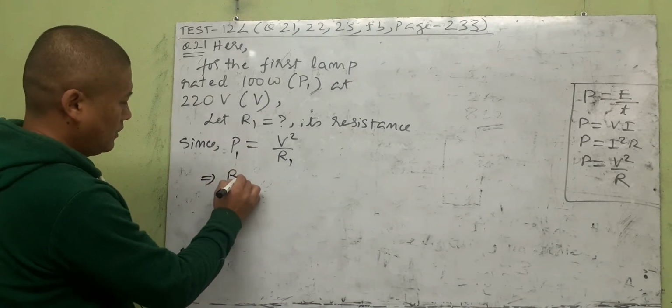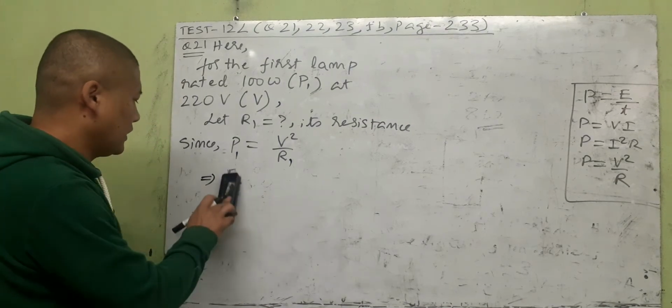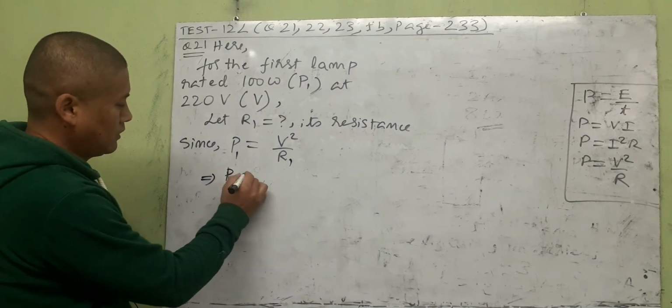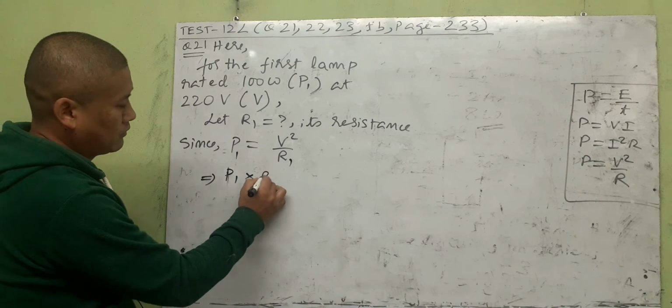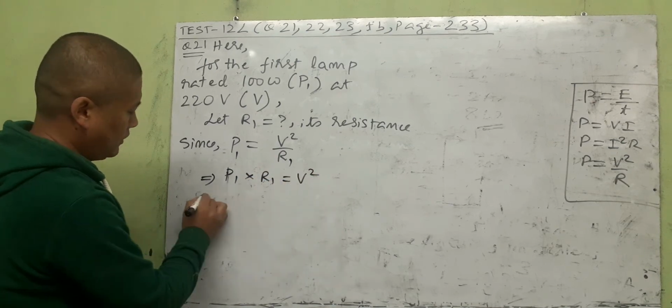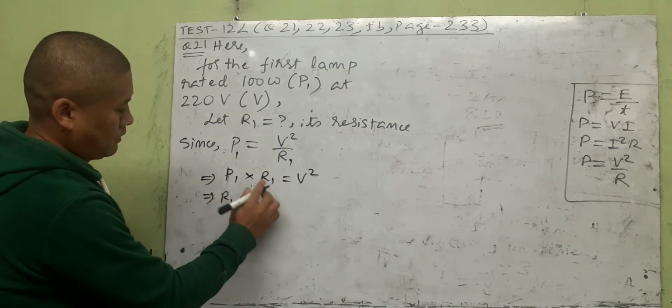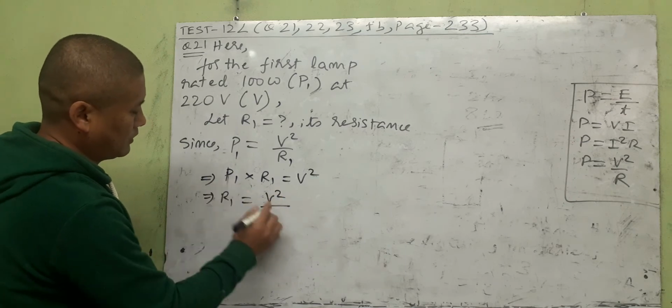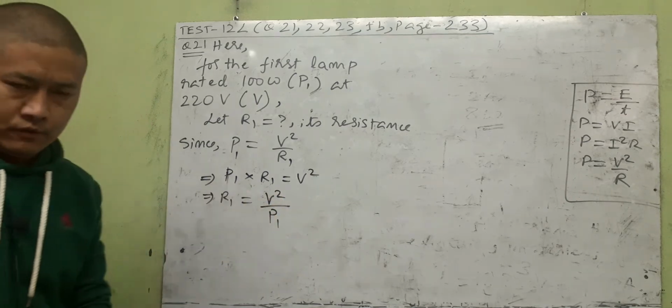So you can bring that up, then we are going to get P1 into R1, the denominator will go up, V square. So R1 is V square divided by P1, because we want to find this R1.